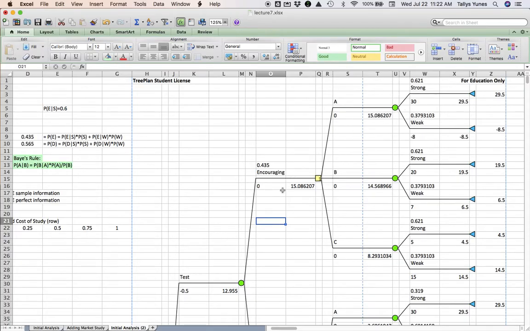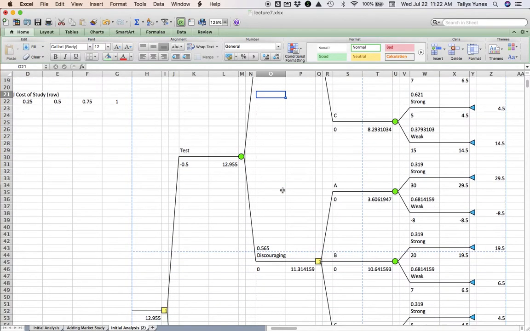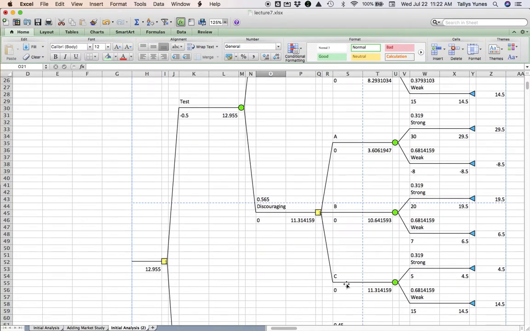And if the test turns out to be discouraging, it says do 3, it means go conservative. And if you follow this course of action that the tree is prescribing to you, your expected payoff will be better. Even considering the test costs $500,000, you will increase your expected payoff. And that's why it's recommending you go that route.